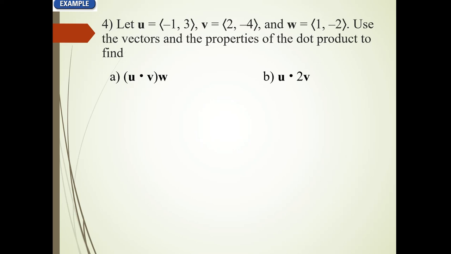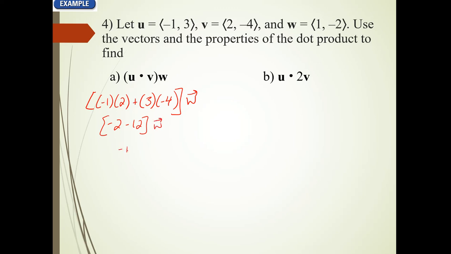All right, let's have a look. For this first one, I'm going to have vector u dot vector v. So it's going to be -1 times 2 plus 3 times -4, and then I'm going to put a square bracket there just to separate it from vector w. Notice there's no dot between the v and the w, and that's significant. You'll see why in a minute. So -1 times 2 is -2, minus 12, and that's just being multiplied times vector w.